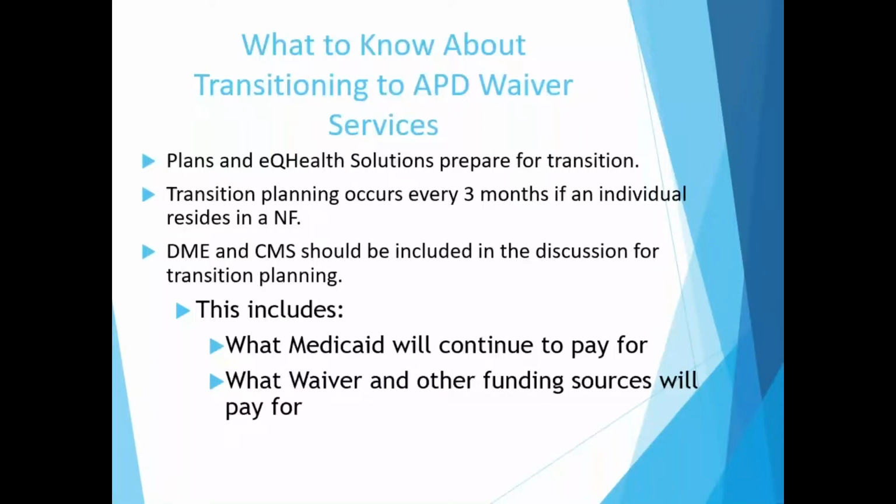Okay, transitioning to APD waiver services. The different plans, Medicaid state plan or whatever insurance provider the client has, and EQ Solutions prepare for the transition. Transition planning typically happens every 3 months if the client is in a nursing facility. And DME and CMS items should be included in the discussion for transition planning.